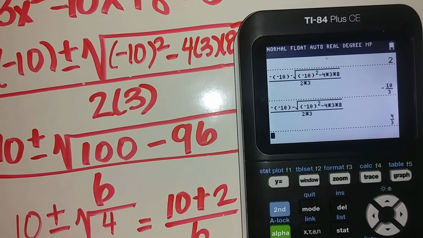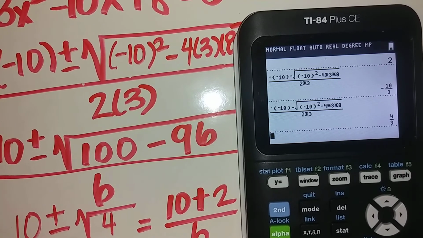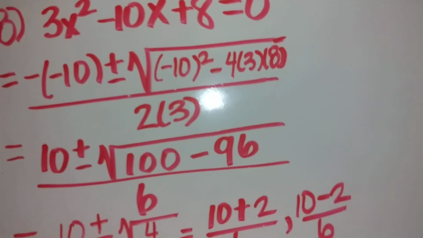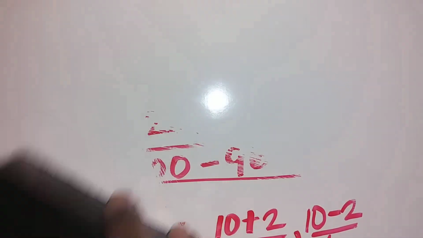So again, you have to play around with your calculator, because on some calculators you can use the negative or the minus and it will come out correctly, and sometimes it won't work. On my calculator, using the negative sign did not work. You've got to use that minus sign. Okay, so that's your calculator practice. If you have your good calculator, try it out and use it, and that'll help you a lot on your work. Okay, let's keep going.